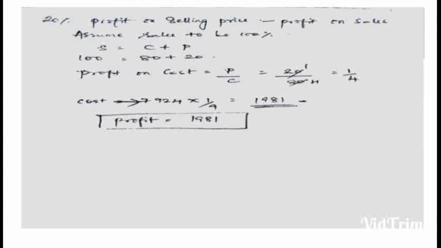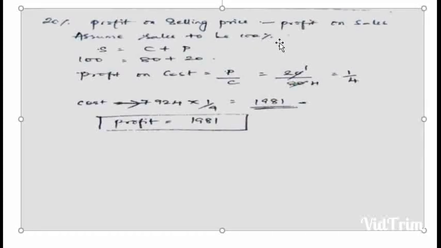When it is profit on sales, you will assume sales to be 100%. So what is the formula for sales? Sales is equal to cost plus profit. So as it is profit on sales, please remember, assume sales to be 100%.